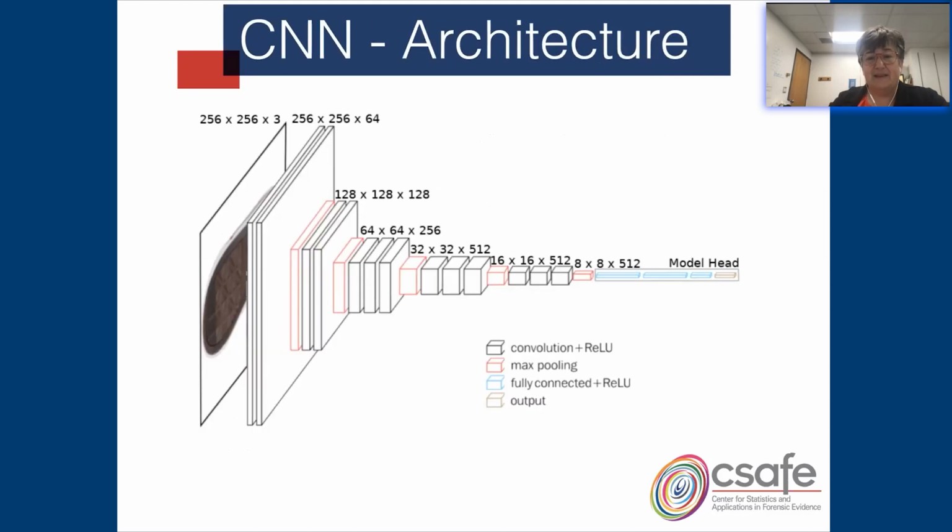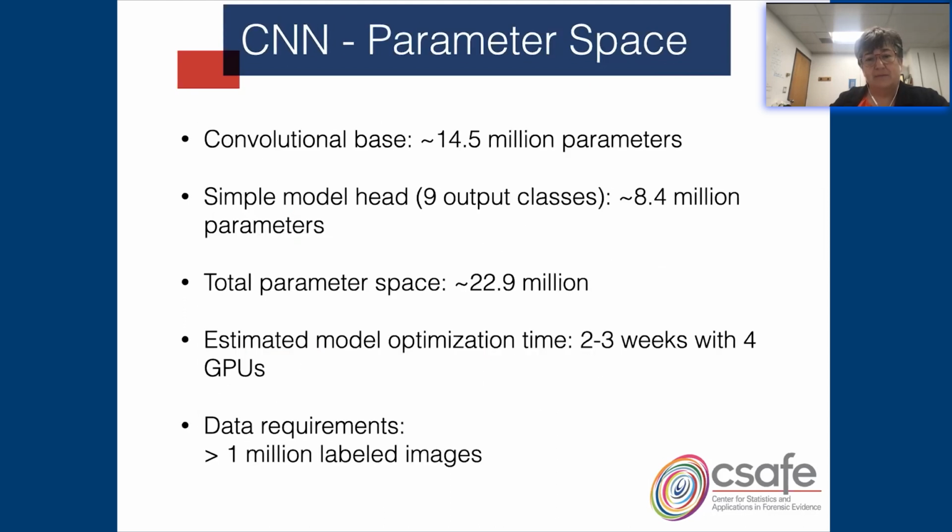So in this model, we have just in the base 14.5 million parameters, and for the simplest possible model head that we have for 9 output classes in this situation, we have more than 8 million parameters. So this gives us a parameter space of just over 20 million parameters.